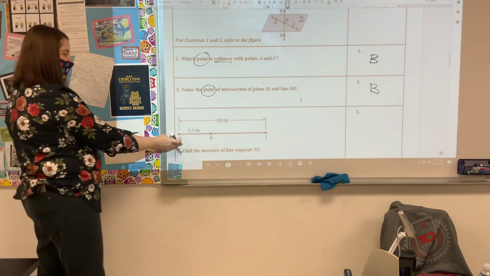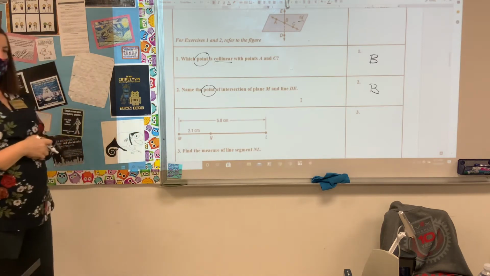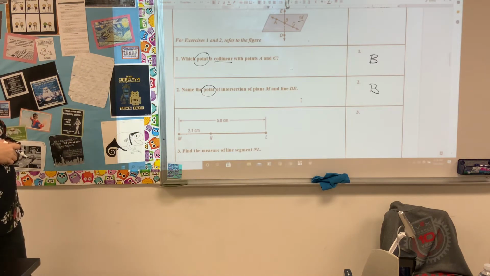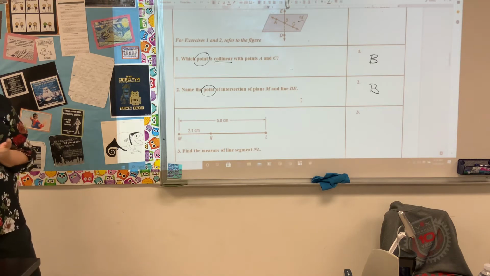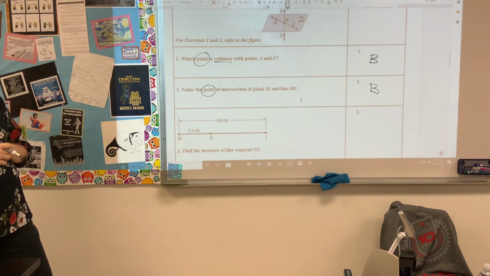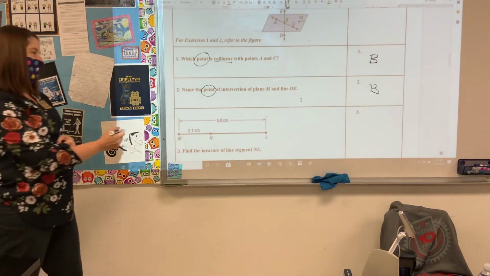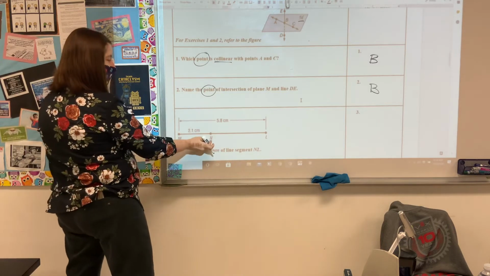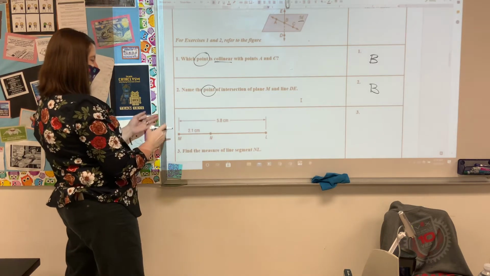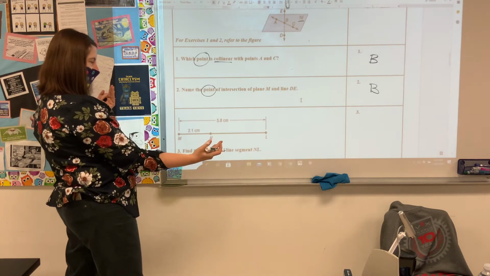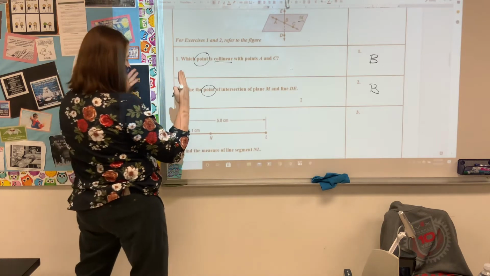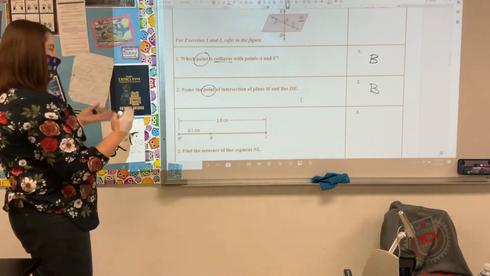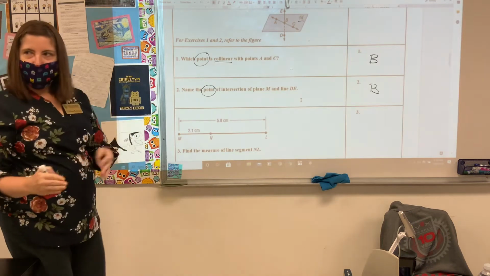Now, this one here, question 3, find the measure of the line segment AL. Fairly simple. Not everyone got it. I get it because of the betweenness of points. I know that if I have a point N in between two other points, that the sum of all the line segments has to equal the whole.